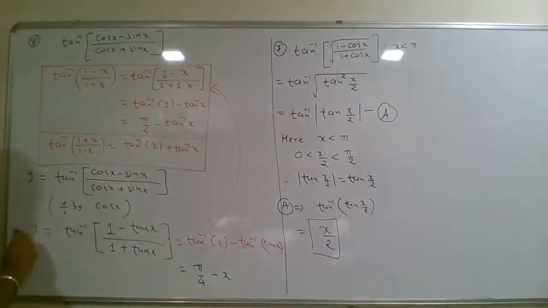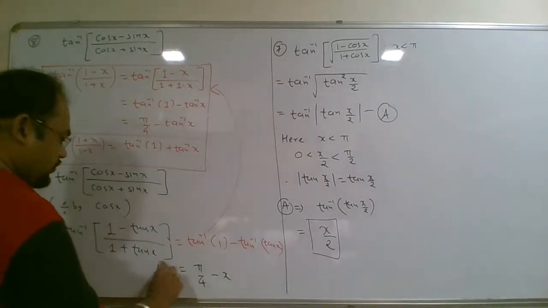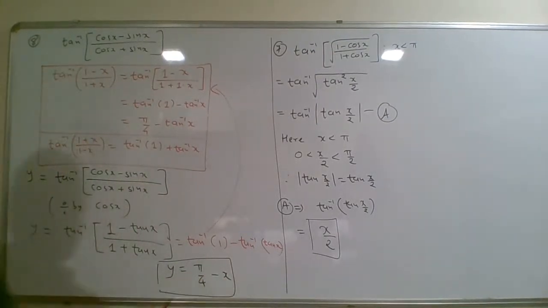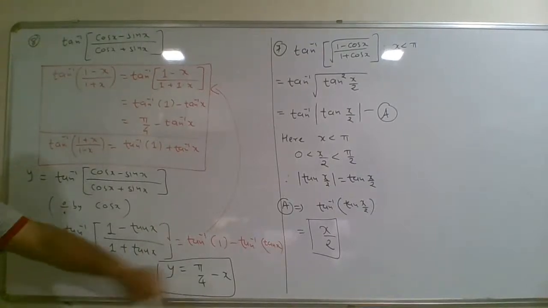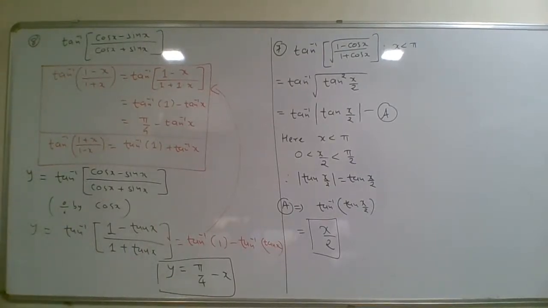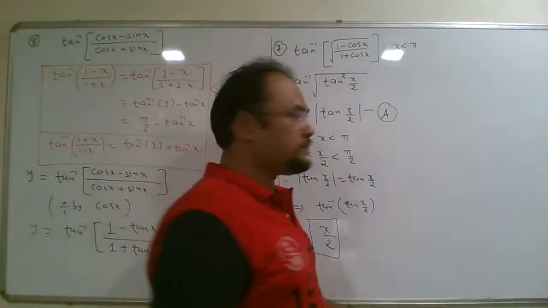So the final answer y equals pi by 4 minus x, and y is the question. So the answer to the question will be pi by 4 minus x. Clear? This is the most important thing, always remember. Write down.